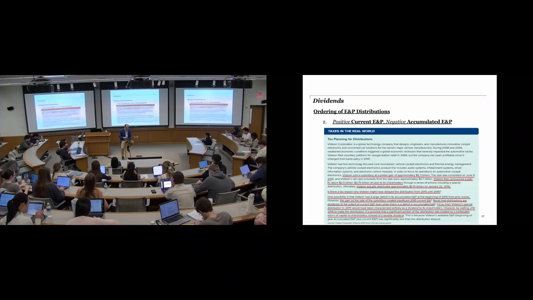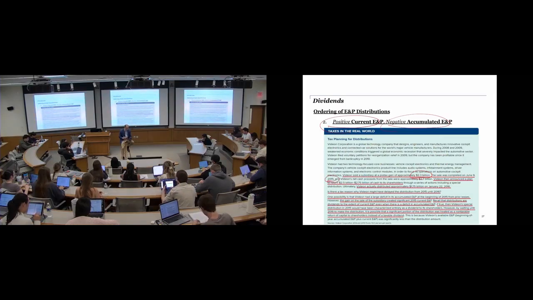Okay. This is a very interesting example. So this is, again, positive current, negative accumulated. So this company, Visteon, sold a subsidiary at a pre-tax gain of $2.3 billion. Pretty large gain. The sale was completed in 2015. Visteon's net cash proceeds from the sale were about 2.7.